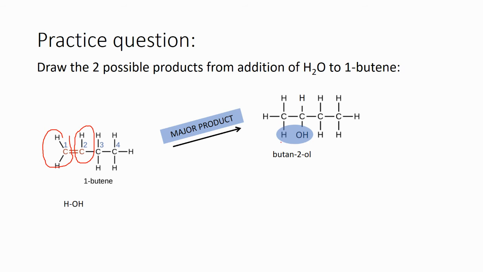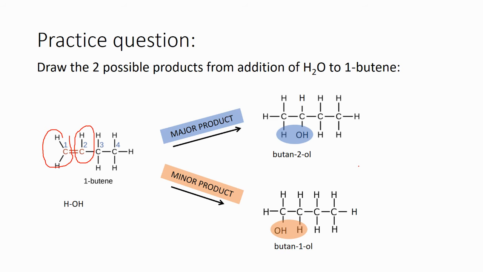And that molecule is called butan-2-ol. So that's the major product. Did you get that right? And then, of course, the minor product will just be when they're swapped over and the OH group is now attached to carbon 1. So that forms butan-1-ol.